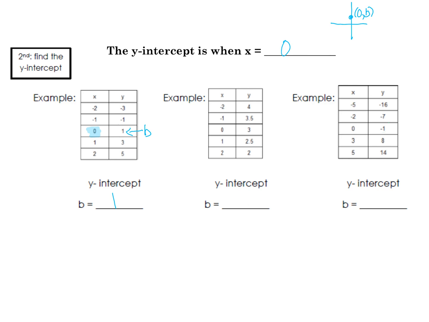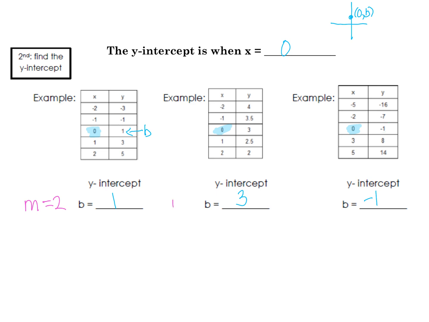Okay, so looking at this next one, we have a 0 right here, and so that means our y-intercept is the y value of 3. In this last table, we have a 0 right here, which means that our y-intercept is -1. So now we're going to put these two pieces together, the slope and the y-intercept. If we look back at the previous page, our slope for this one was 2.